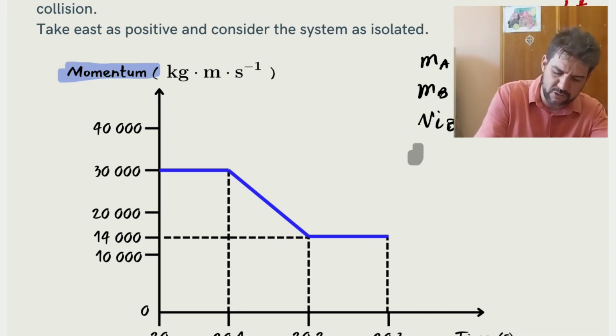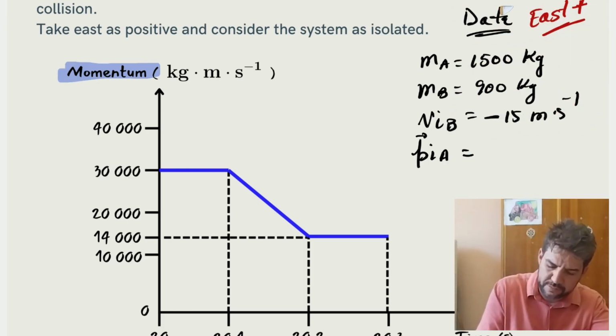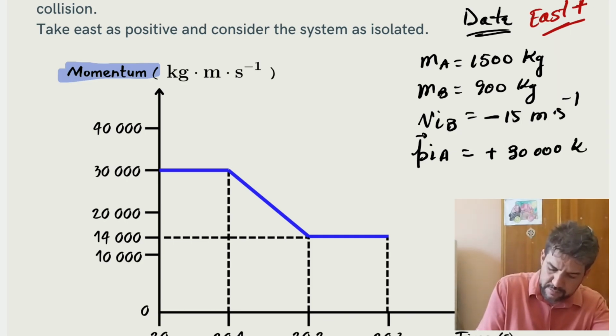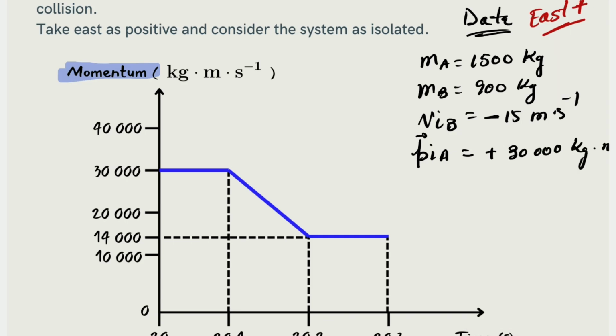The initial momentum of car A is equal to, we take east as positive, and you can see it's positive, so it's positive 30,000 kilograms meters per second. That is the initial momentum of car A.